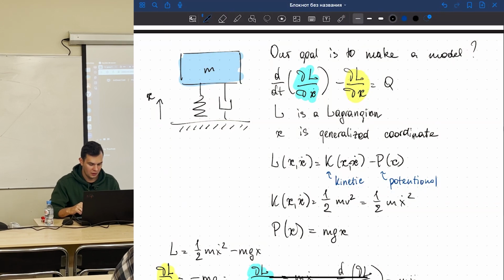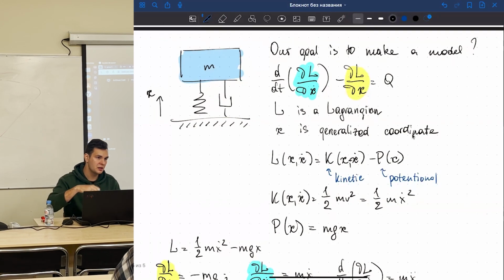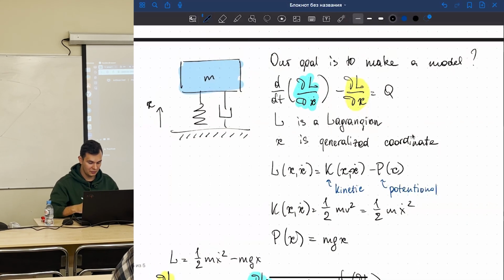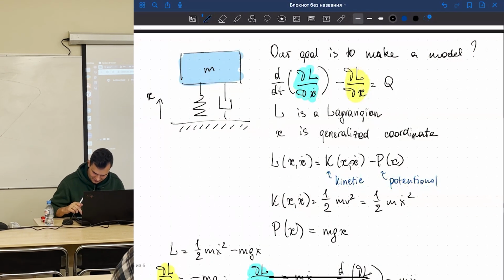Gravity. No, gravity we already had in the Lagrangian, in the potential energy. It's something which is inherent. It is inside. But we don't have a force right here. I mean, in this system I haven't written it here. It's the spring force. Right. We have made just a typical mistake.